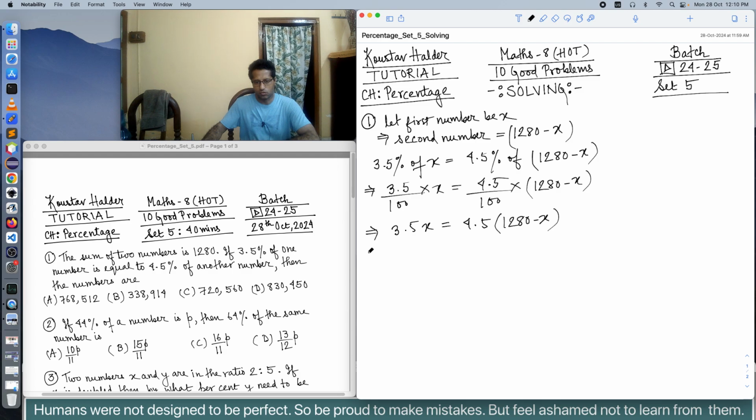4.5, you can convert them by multiplying both sides by 10. In an equation, as a rule of solving a linear equation, we can always multiply both sides by the same non-zero number, or we can divide.